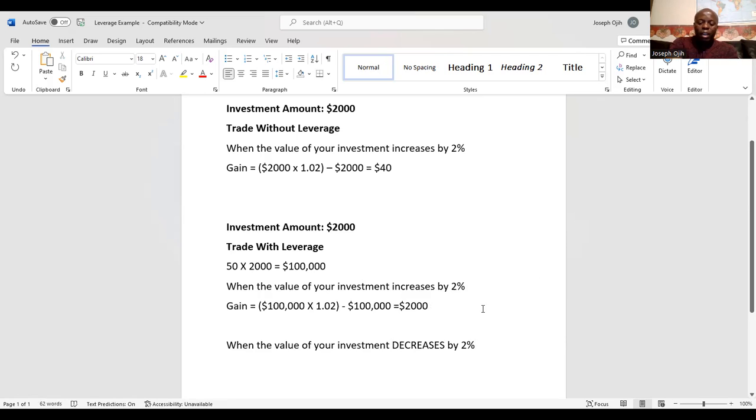Instead of making money, look at what you're going to have. Now, 100% minus 2% is 98%. So what you're going to have as a gain will now become: gain equals $100,000 times, like I say, 100% minus 2% loss is 98%, which is 0.98, minus 100,000.